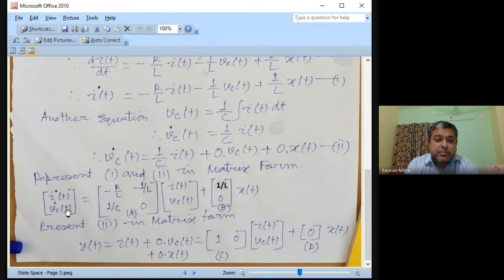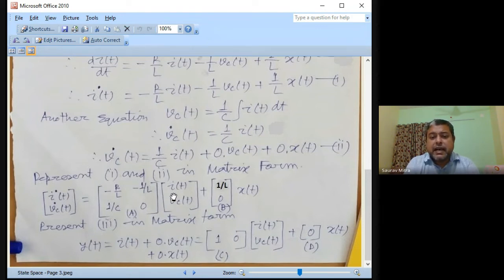In the state variable representation, the left side is the first order differentiation of the state variables. This is the standard form of state variable representation. So i dot t and vc dot t are on the left side. On the right side is the state matrix, that is the A matrix, and its dimension is 2 by 2. Generally it is n by n, where n is the number of state variables.